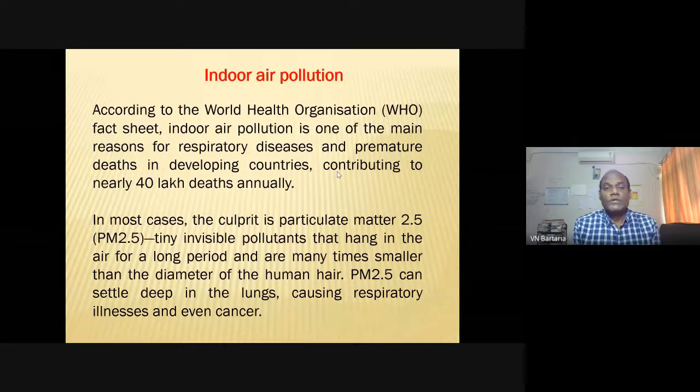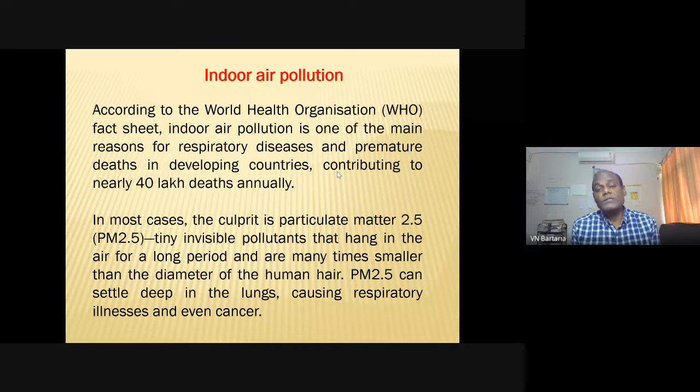In fact, I have seen in some literature that cardiac problems are also occurring because of poor indoor air quality. It is a major cause of cardiac diseases also, apart from respiratory and lung diseases.